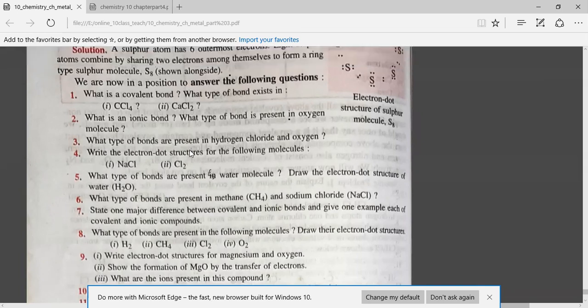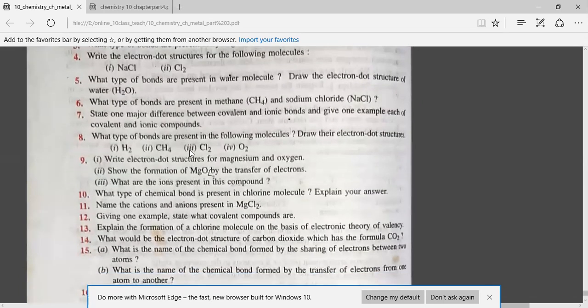Try this 10th. What type of chemical bond is present in chlorine molecules? Explain your answer. What is the formula of chlorine molecule? Cl2.